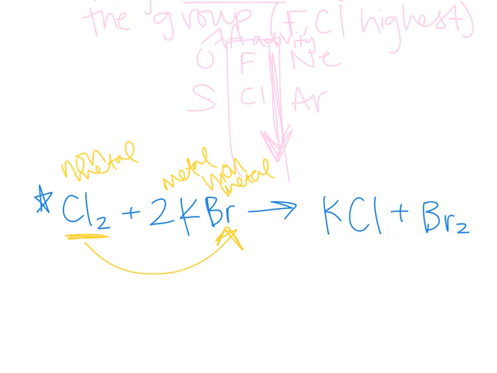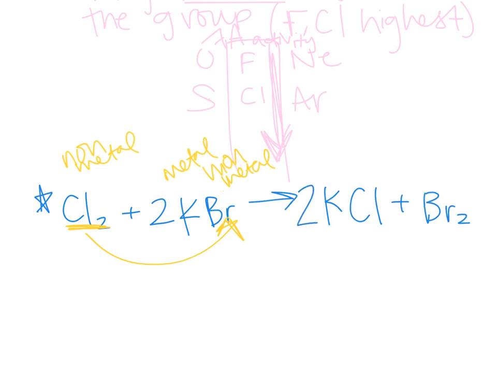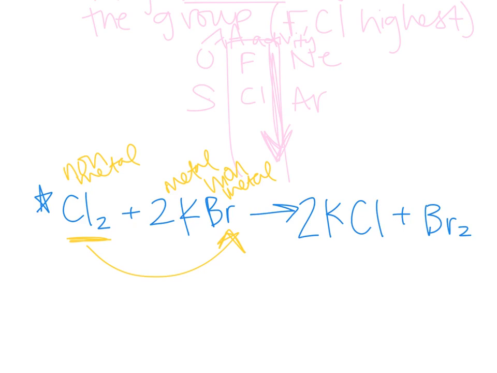So we're going to fix that just by adding a 2 there. And then we have 2 chlorines, 2 chlorines. We have 2 potassiums, and we have 2 bromines. Okay, bromine gas right here. And that is our single replacement because this single nonmetal replaced this nonmetal over here.